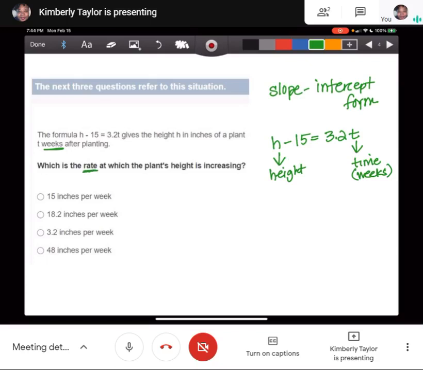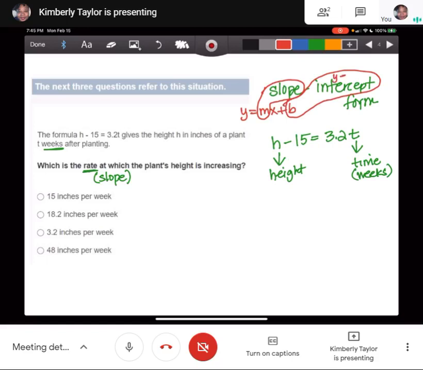In math terms, the rate is the same thing as saying the slope. Slope-intercept form is y equals mx plus b. The m would be your slope, and the b will be your y-intercept.